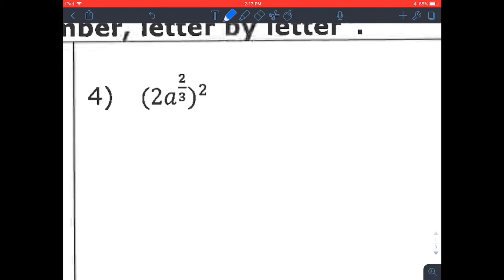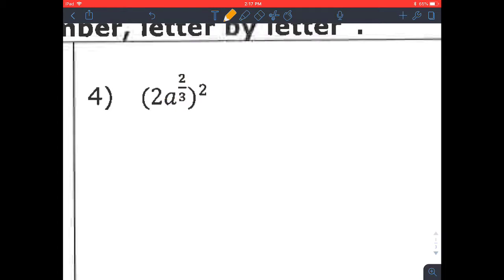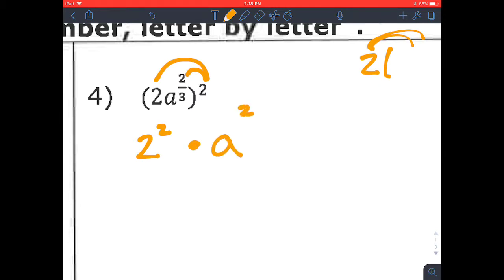Ooh, a little bit odd. The weird thing that happens with this power of a power is that everything gets multiplied through. Just like whenever we have parentheses and a 2 and I've got to distribute it out, the same thing's going to happen here, except it's going to be with my exponents. So I'm going to have 2 to the 2nd power times a to the 2/3 times 2 power.